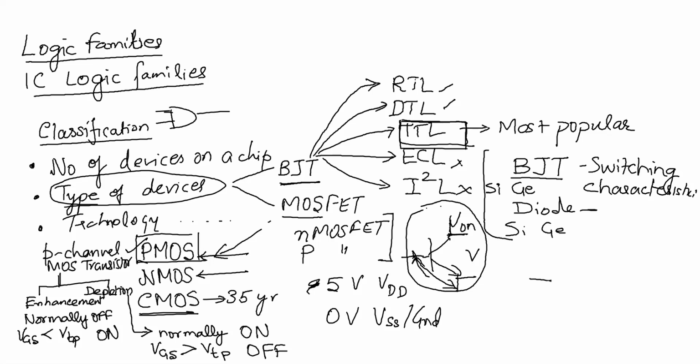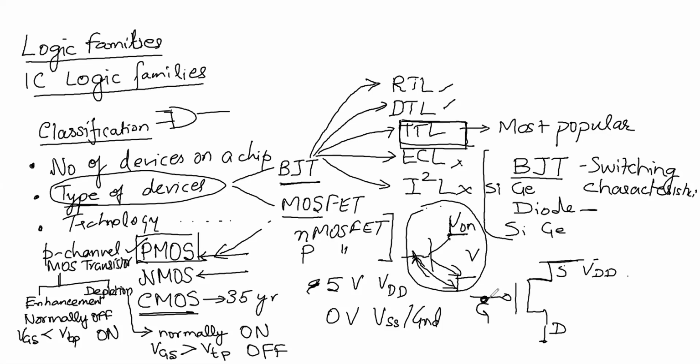If I draw a PMOS, this is my PMOS transistor, with source, gate and drain. Typically the source will be at higher potential, connected to VDD, and the drain will assume some voltage, and this is the gate potential which you are going to connect.